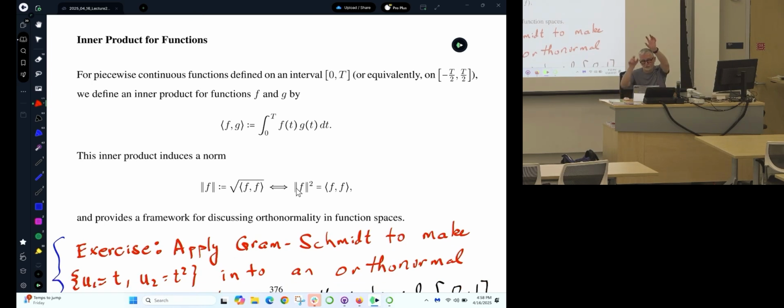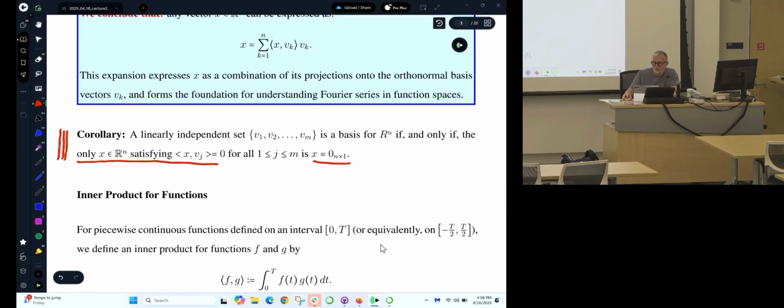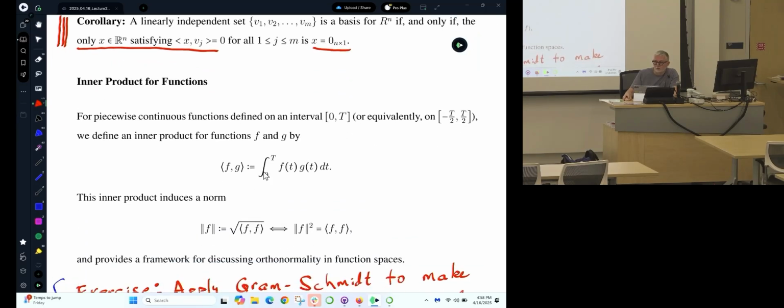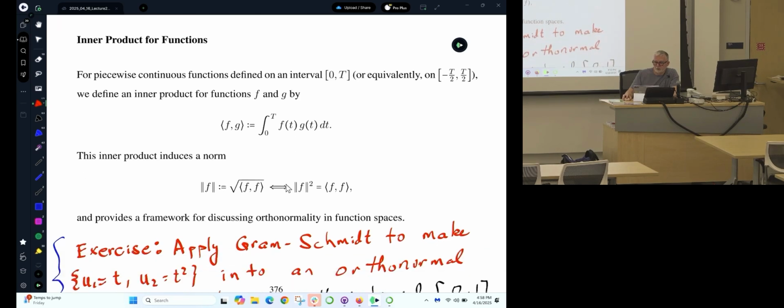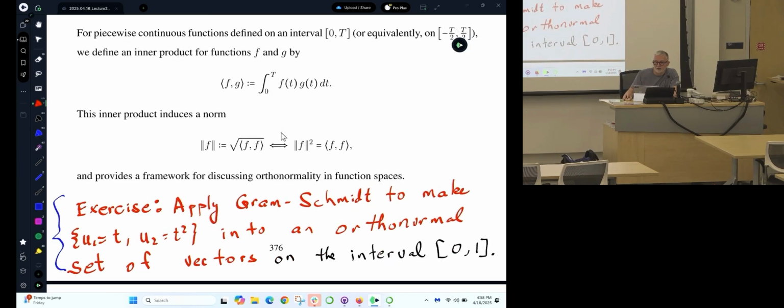So if you took f of t1, t2, up to tn, and g, and did their dot product, you would have exactly the Riemann sum here, scaled by whatever delta t you were using. So this is just a natural extension of the dot product of vectors in Rn.